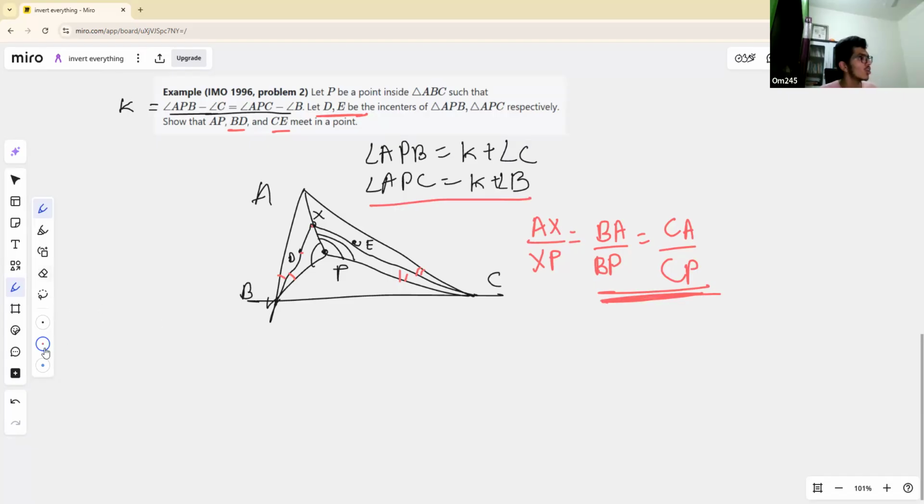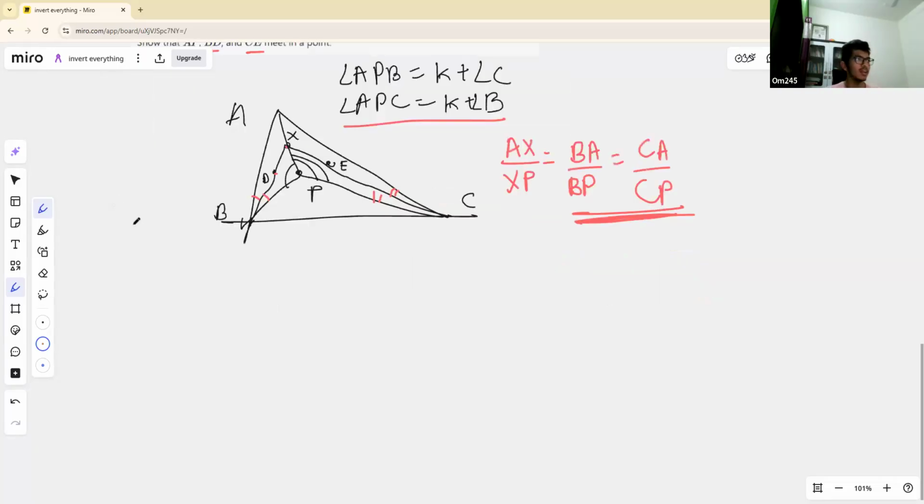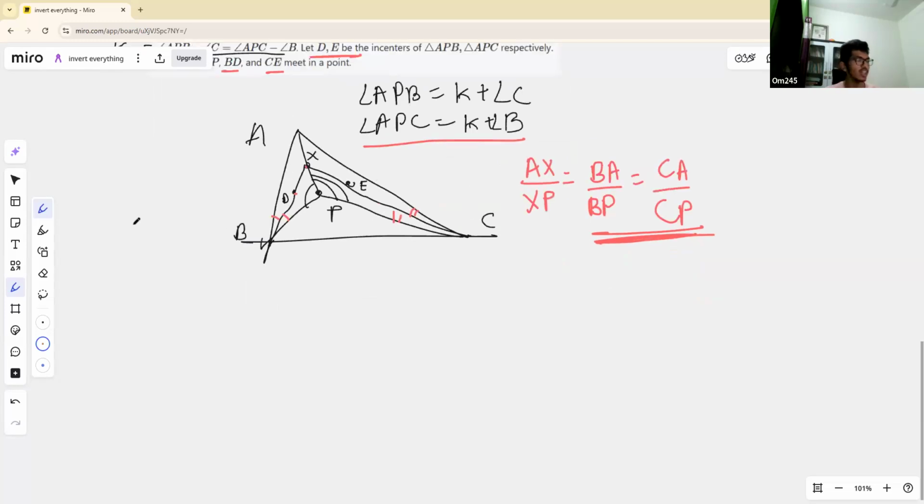Let me start. So first of all, notice we have to use inversion, of course. And the takeaway here is that you don't always need some nice inversion circle. You can sometimes just use a random radius circle. The only thing you need to do is work with angles and some properties.